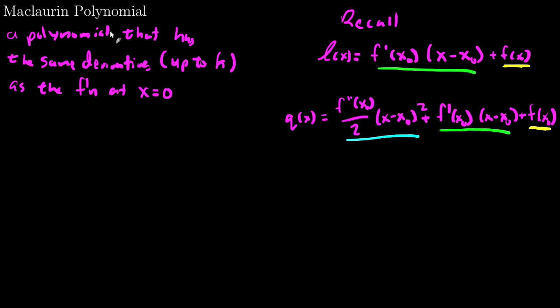So Maclaurin polynomials are all, we're going to say, centered around 0. When we get to Taylor polynomials, that's more general, where I can move the center.